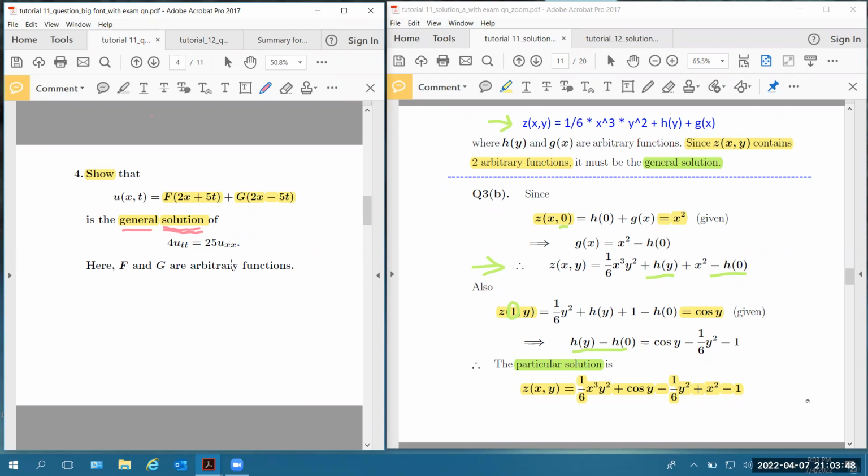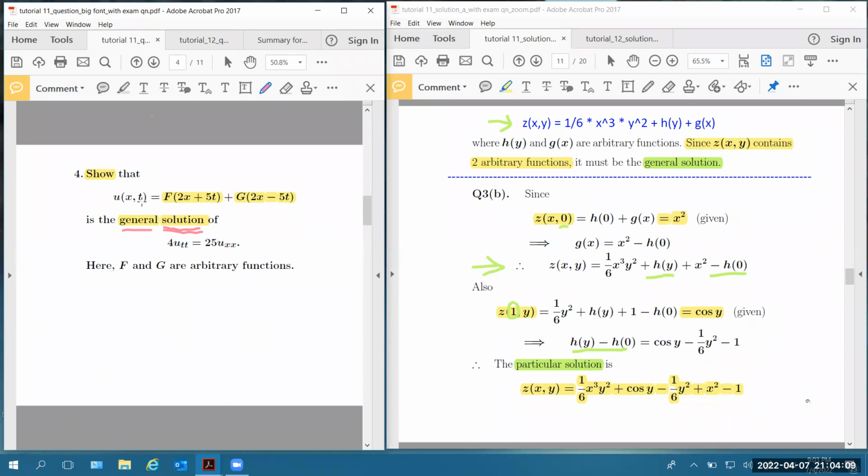One of the particular solution. No, I'm concentrating on the word solution. When you say that something is a solution of an equation, what do you mean? Yes, it's an answer.